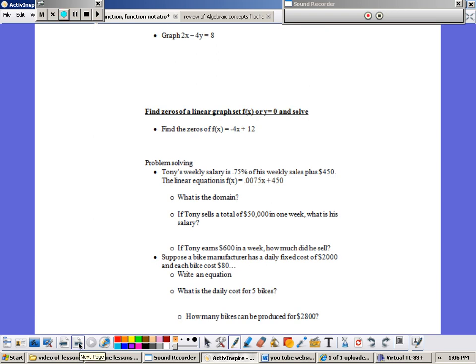This is not in the graphing form, so we have two choices. We can change it to y equals mx plus b, or we can graph it using what are called the x and the y intercepts. So here I'm going to put 0 in for x, so x disappears. I get -4y equals 8. Divide by -4, y is -2. So this is my y-intercept. Then I'm going to put 0 in for y, so my y disappears.